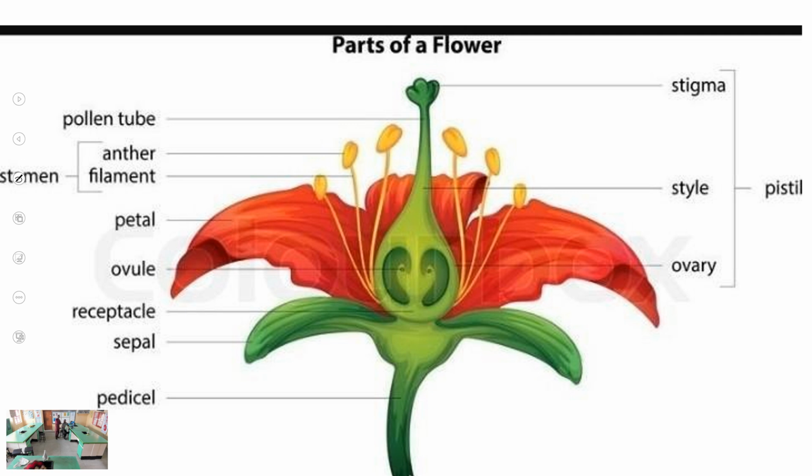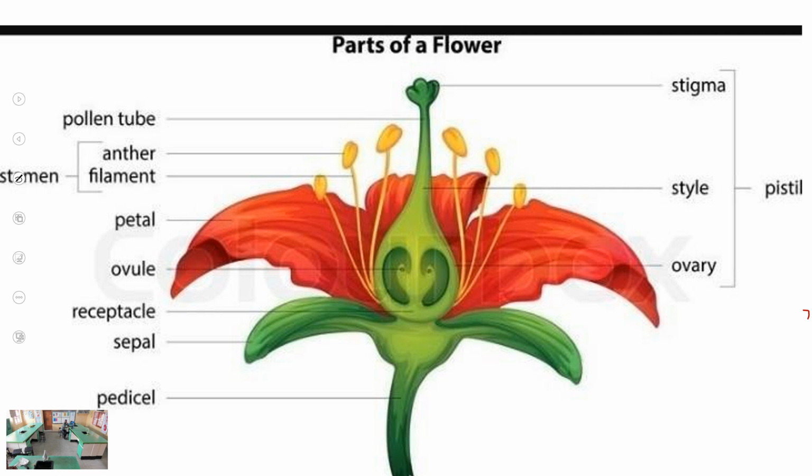We have the outermost flower part, which is called the sepal. We have the receptacle. We have the ovule, the petal, the filament, the anther, the pollen tube, the stigma, the style, and the ovary. These are the various parts of the flower.